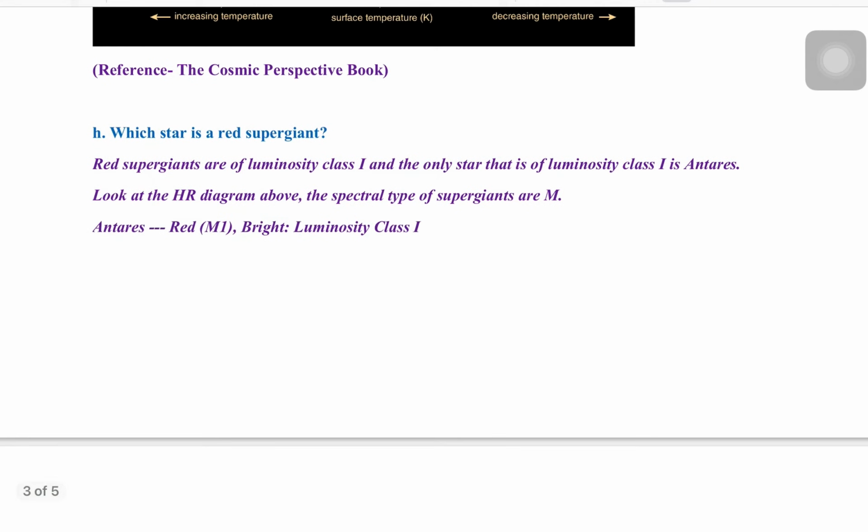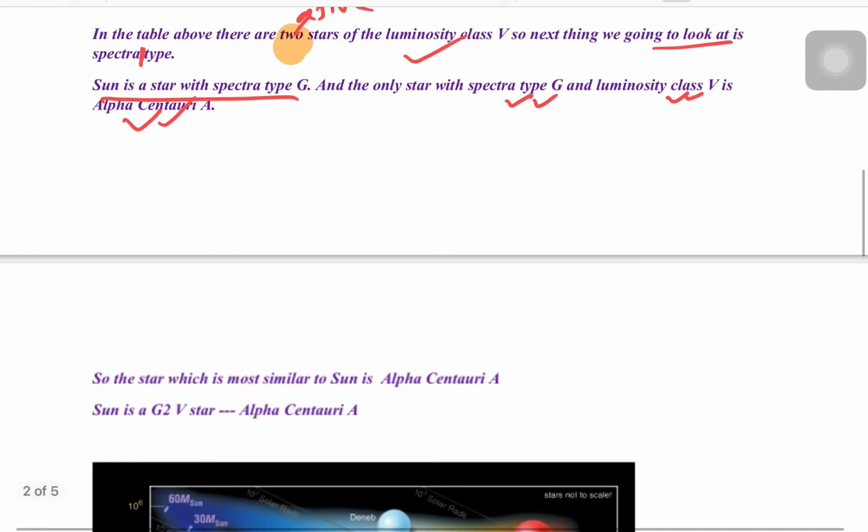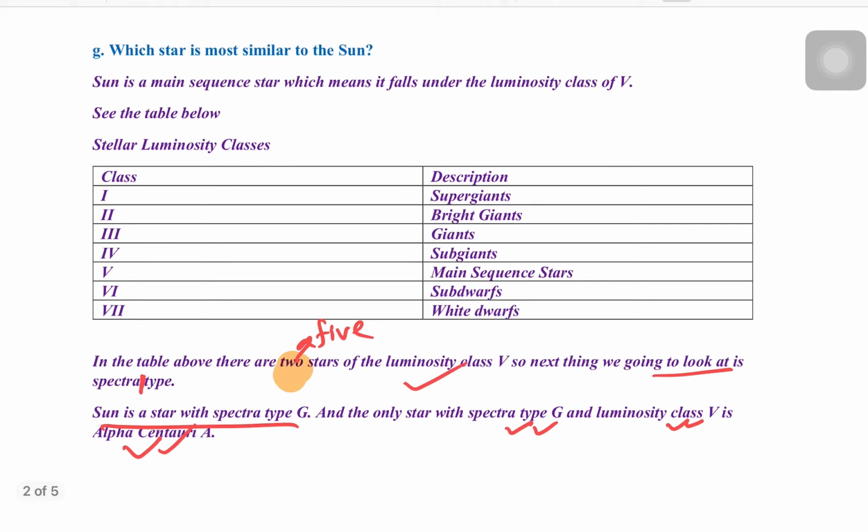So we have almost all our answers. Which one is the red supergiant? So how do we get this information? Remember the luminosity class. Here I have already given you the table. The supergiant means the class must be I class, or the 1 class.